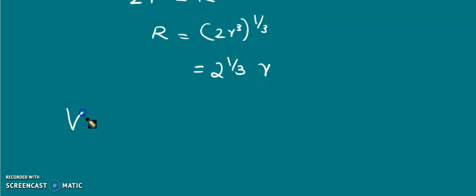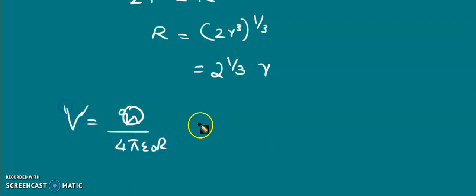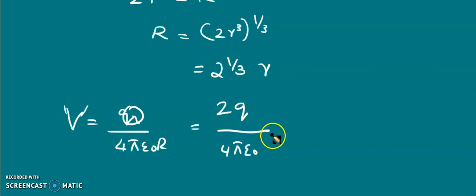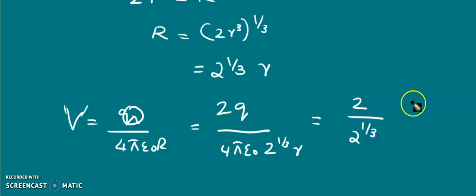The corresponding potential is capital V equal to capital Q by 4 pi epsilon 0 capital R. Capital Q is 2 into small q, since the charge adds, and capital R is 2 raised to 1 by 3 small r. So V is 2 divided by 2 raised to 1 by 3 into q divided by 4 pi epsilon 0 r.